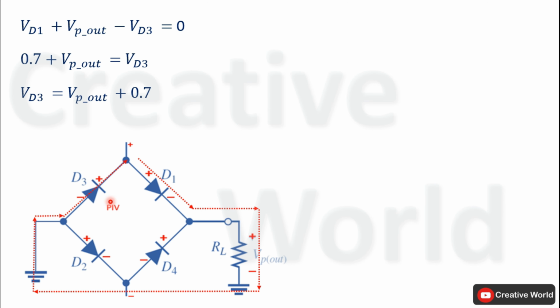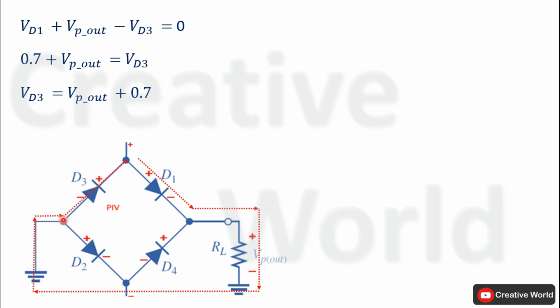Now, as we discussed earlier, these two diodes are in reverse biased mode. So same peak inverse voltage will be appearing across this diode D4 as well. In order to prove this statement, we will form another closed loop using this path.